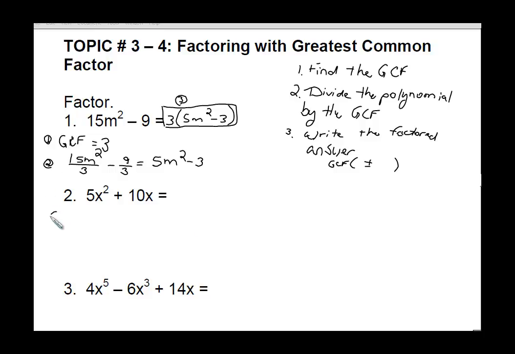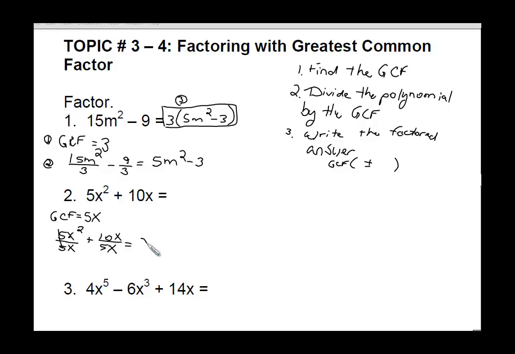All right, number 2, the GCF. We have 5 as our greatest common factor number, and they both have at least one x. So our GCF in this case is 5x. Step 2, divide the polynomial by the greatest common factor. 5x squared over 5x, 5 over 5 is 1.